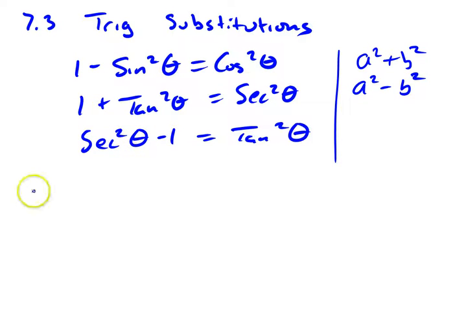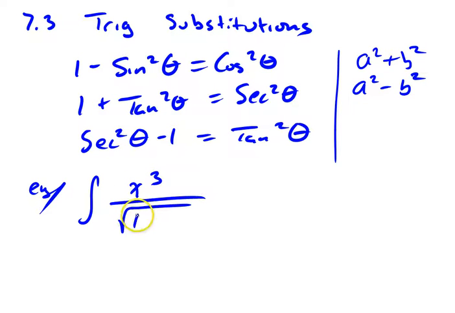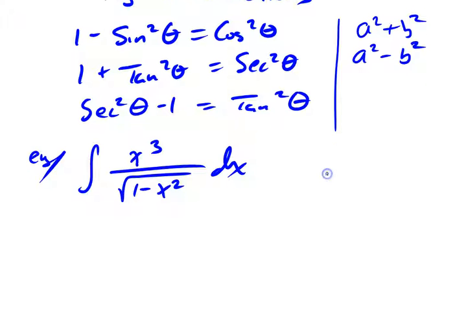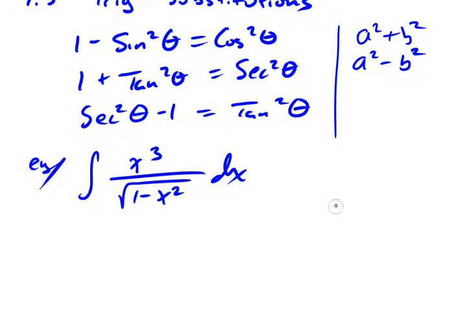So let's do a first example of how a trig substitution works here. I am going to do the integral of x cubed over the square root of 1 minus x squared dx. Okay, so first of all, I noticed that a u substitution is not going to work for me.